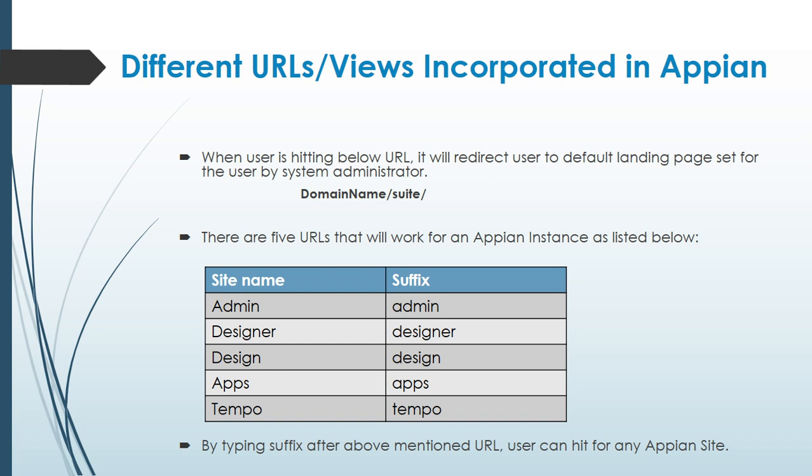Basically we can move to any page if we hit a URL slash suite. If we hit that URL, it will redirect you to the default page that the administrator can configure under the admin tab.